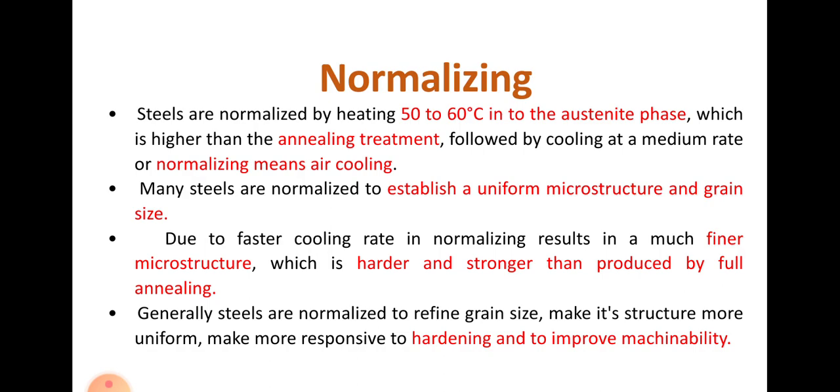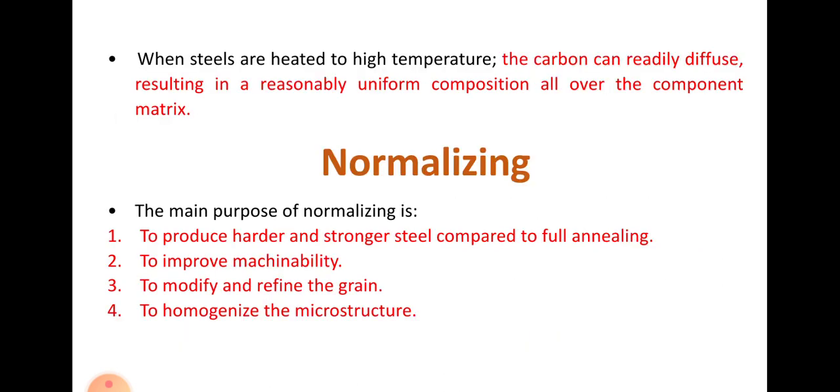In annealing, we use furnace cooling, while in normalizing, we prefer air cooling. So, as the cooling rate is faster than annealing, it gives a finer microstructure than annealing, and it is also used to improve machinability.